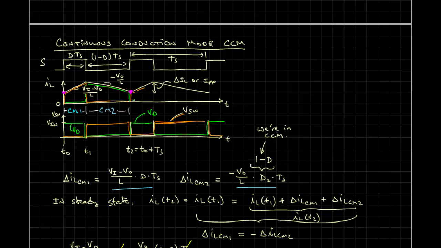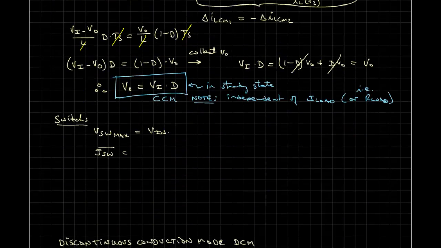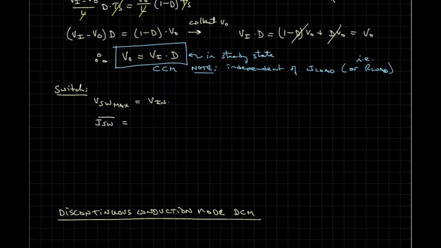It'll conduct during the falling time, and it'll be zero again. So the average switch current, you should be able to convince yourself, is going to be the average output current, IL, times the duty cycle.